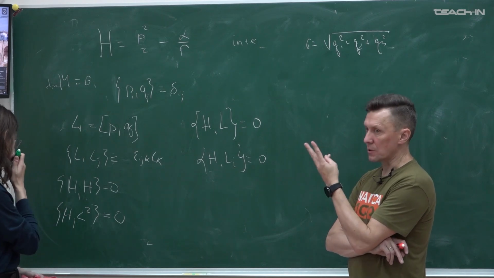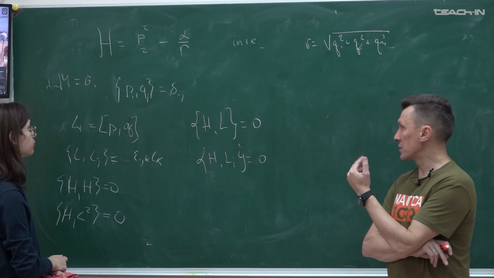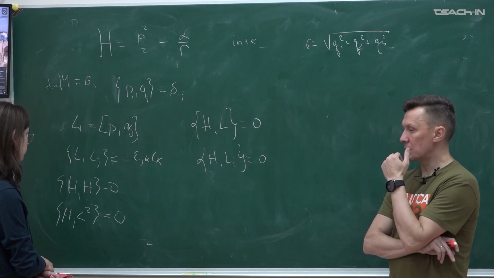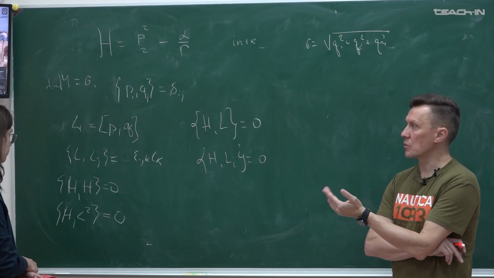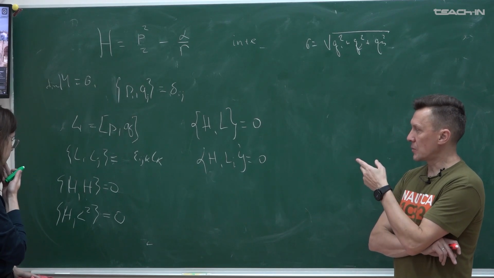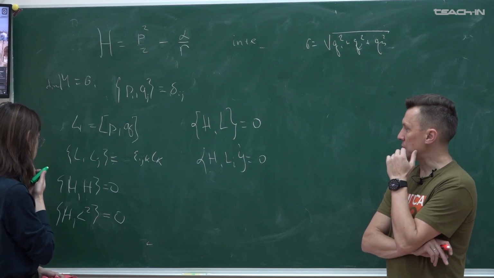But we need 3 integrals. The Liouville integrable system on the 6-dimensional symplectic manifold is given by the choice of 3 involutive integrals. Now you found 2. We need the third one.